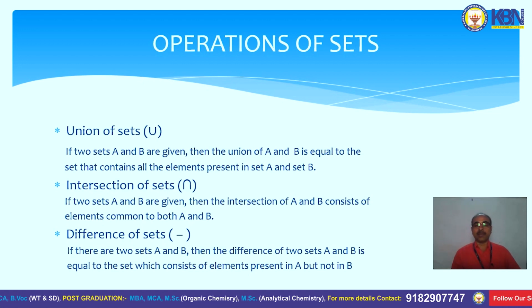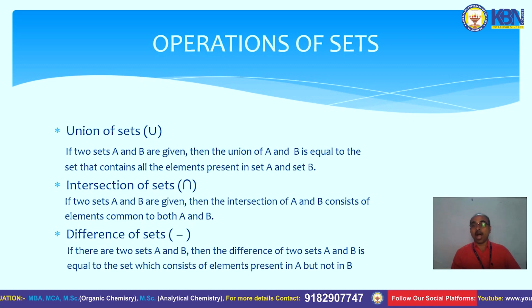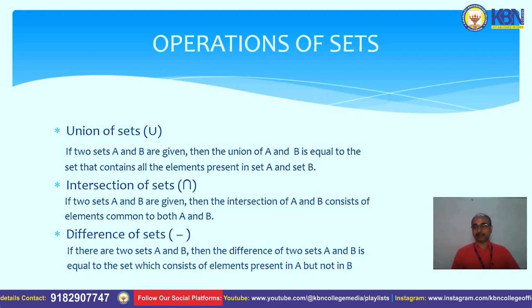If two sets A and B are given, then the intersection of A and B consists of elements common to both A and B. That means the elements in A must be elements in B, and the elements in B must be elements in set A. If both A and B have common elements, those common elements are nothing but A intersection B.